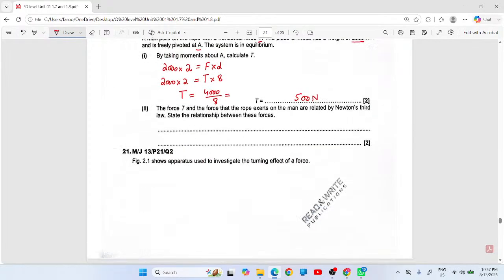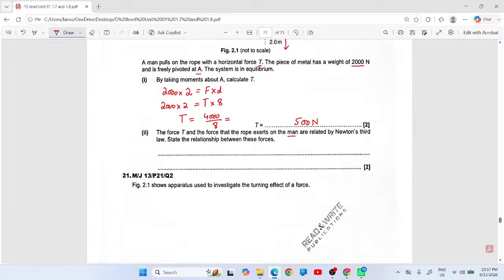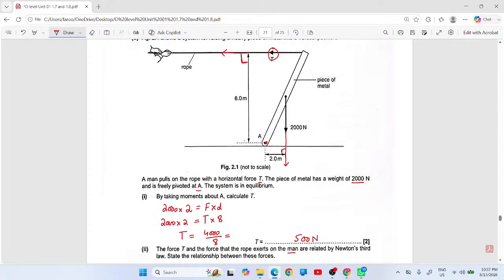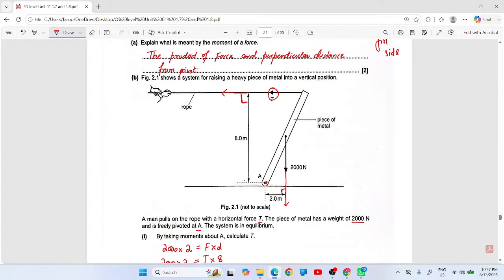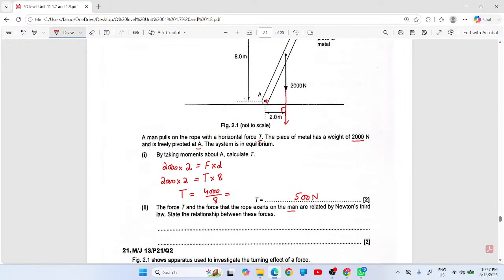Next is the force T and the force that the rope exerts on the man are related by Newton's third law. State the relation.